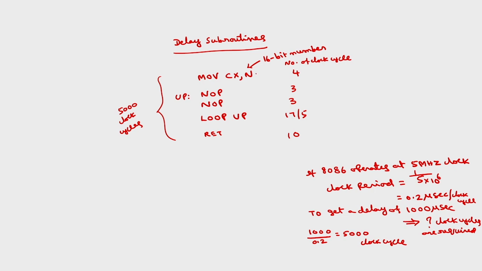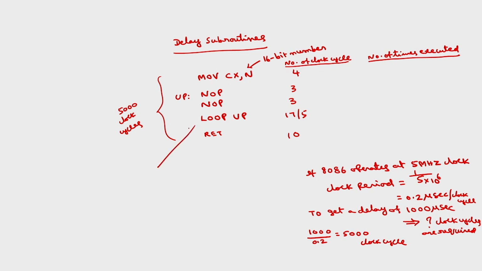So, how many times will this particular instruction be executed? This is the number of clock cycles, and the number of times the instruction is executed. Because this MOV instruction is not in the loop.